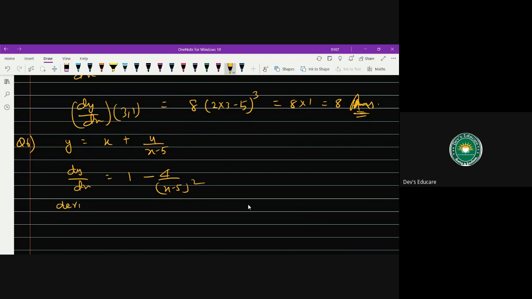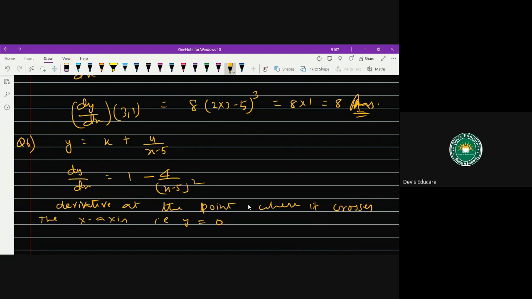Derivative at the point where it crosses the x-axis, that is y equals 0.